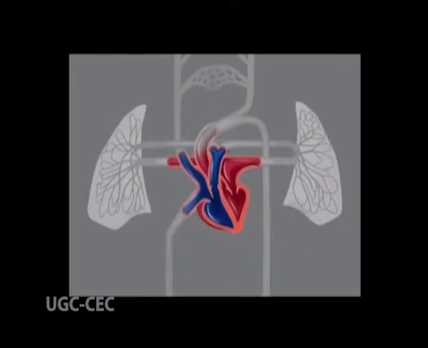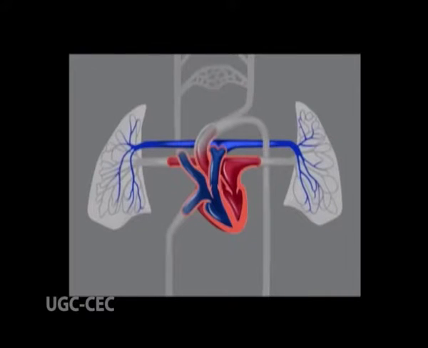This prevents the backflow of blood into the atria during ventricular contraction. When the right ventricle contracts, it ejects blood into the pulmonary artery, which branches into the left and right pulmonary arteries that carry deoxygenated blood to each lung. The pulmonary semilunar valve prevents backflow from the pulmonary artery.